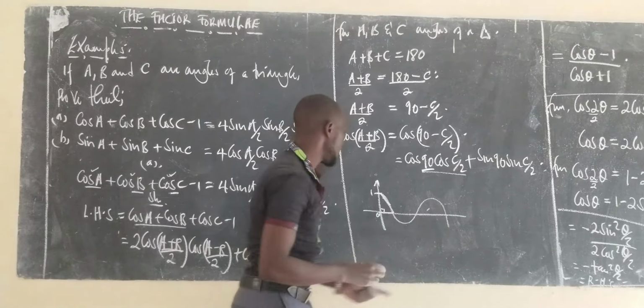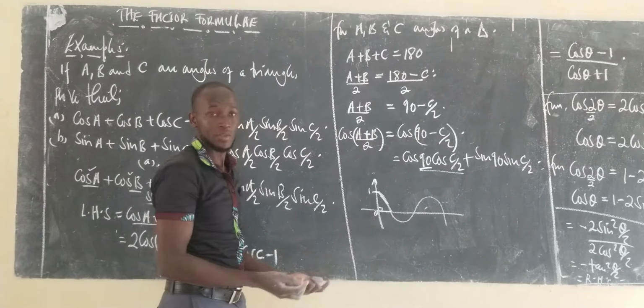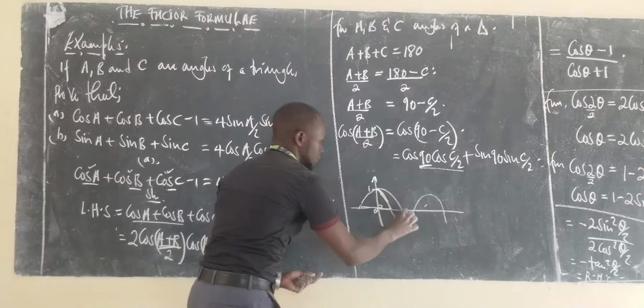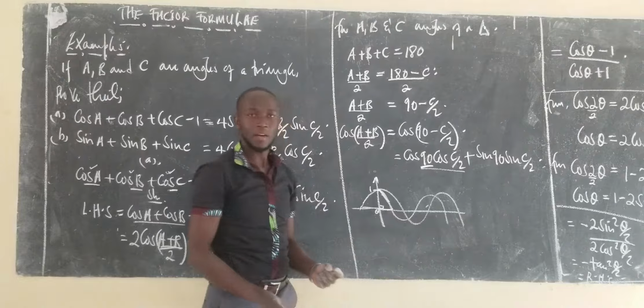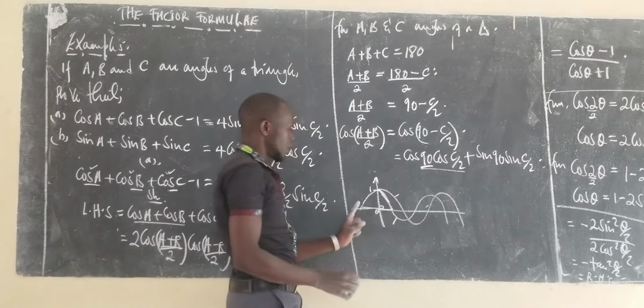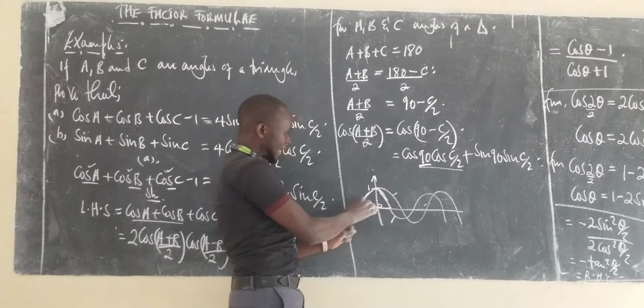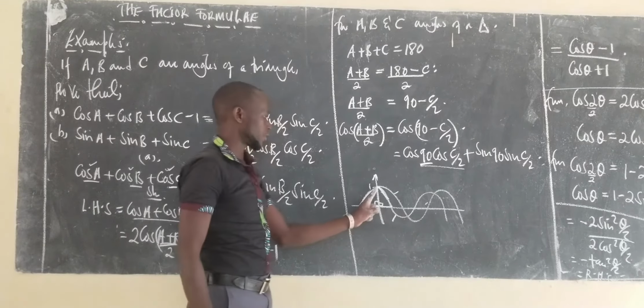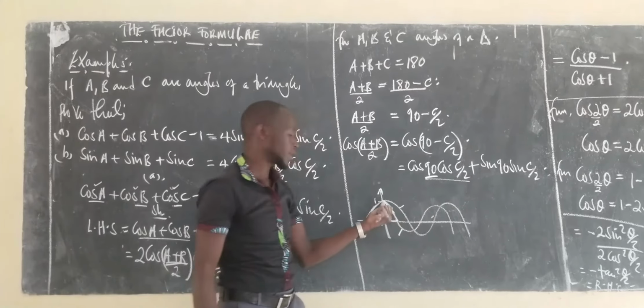But for sine, remember, I don't have a calculator here, so I'm using a curve. The sine curve shall start from somewhere here. This is a cosine, this is a sine curve. For a sine curve, it makes a 90 at exactly 1. So the sine of 90 becomes 1.